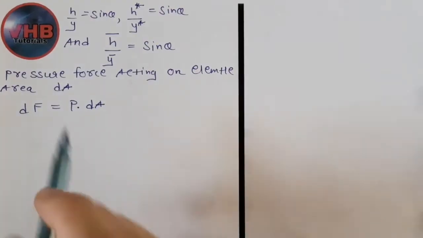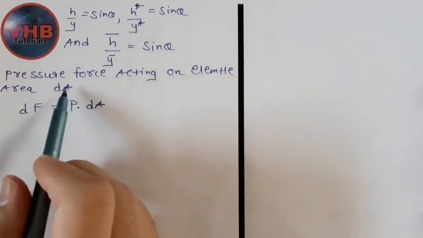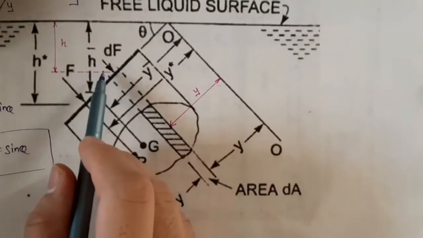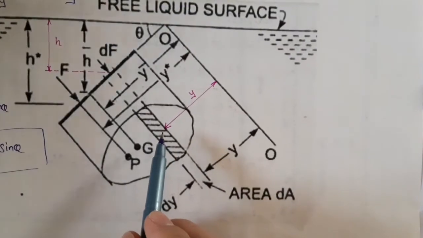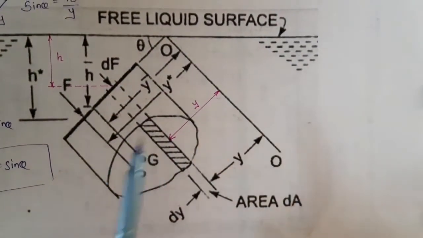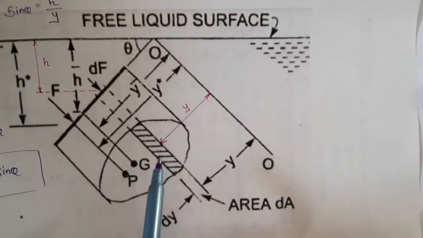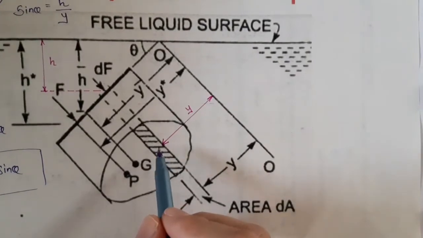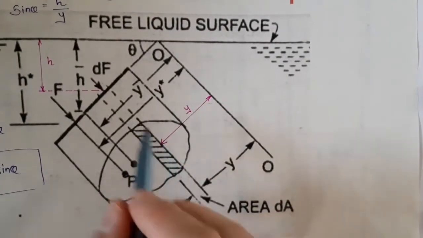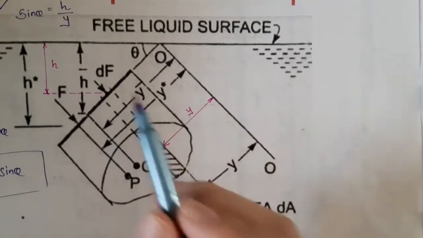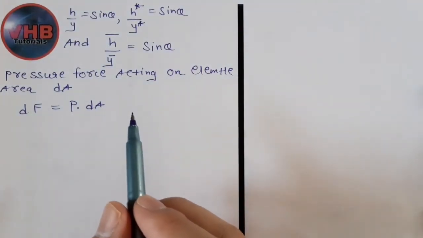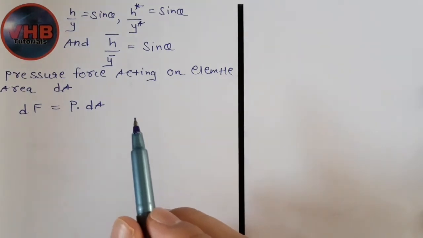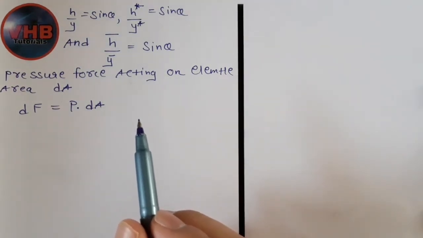Now find the pressure force acting on the elemental area dA. Here dF is the pressure force acting on this elemental area dA. As we can see, this elemental area is very small, so we can consider it as a point. And in the previous video we discussed the hydrostatic law, which says the pressure acting at a particular point is determined by its depth.